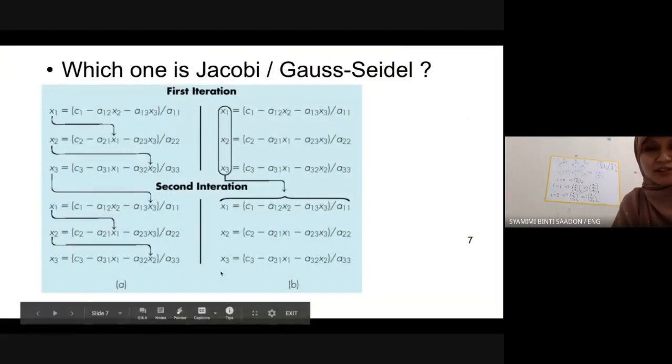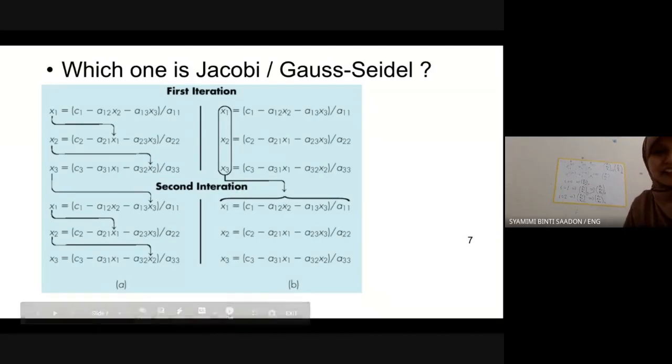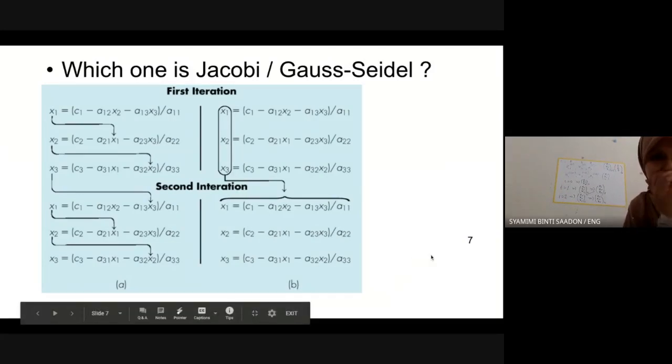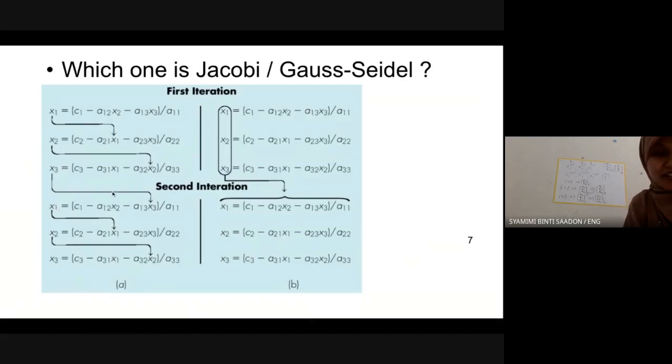If we want to draw the difference between Jacobi and Gauss-Seidel, obviously the left hand side is Gauss-Seidel, and this one is Jacobi. The difference is here. For Gauss-Seidel, once you get S1, you replace it in here and you calculate S2, etc. And when you get S3, you replace it here, and you use the S2 just now.